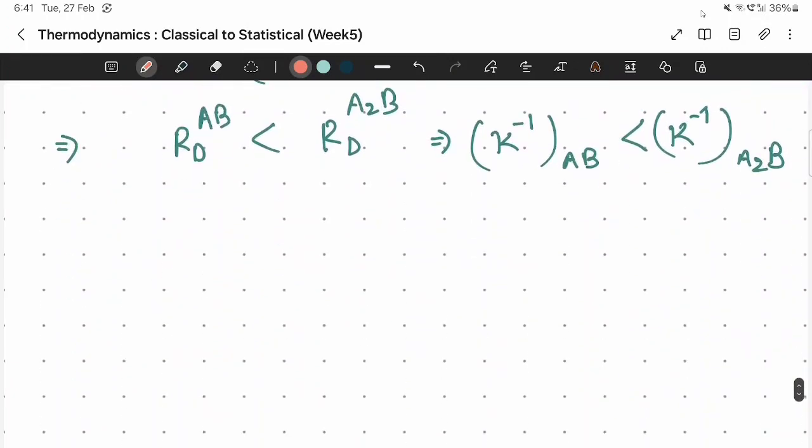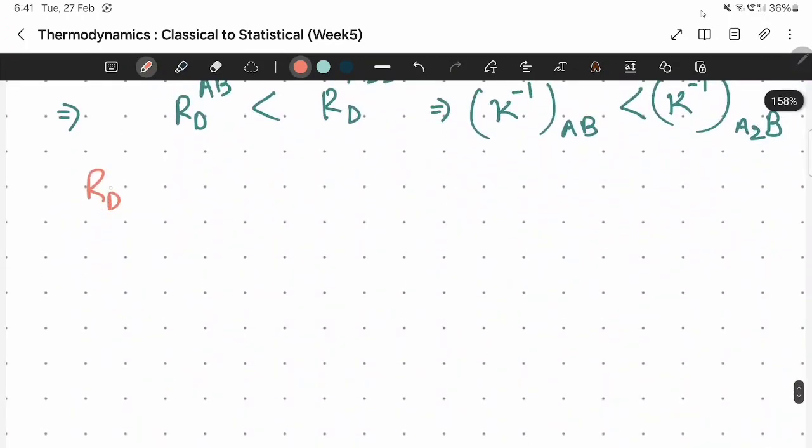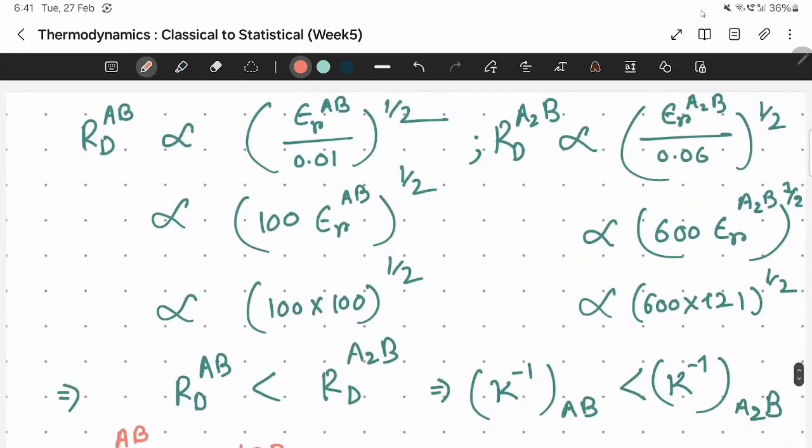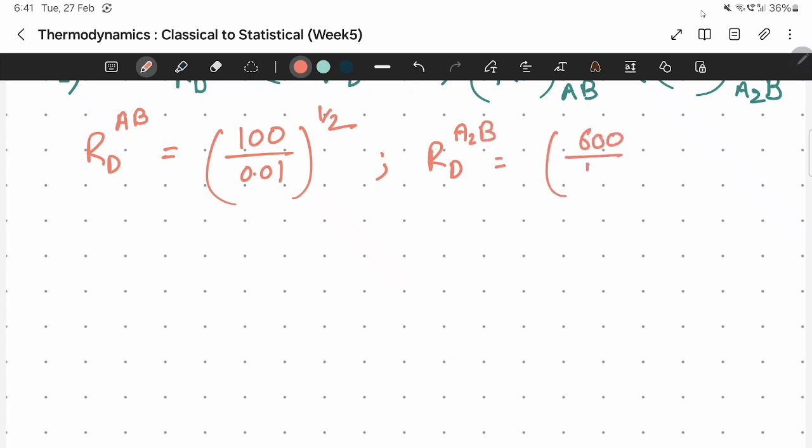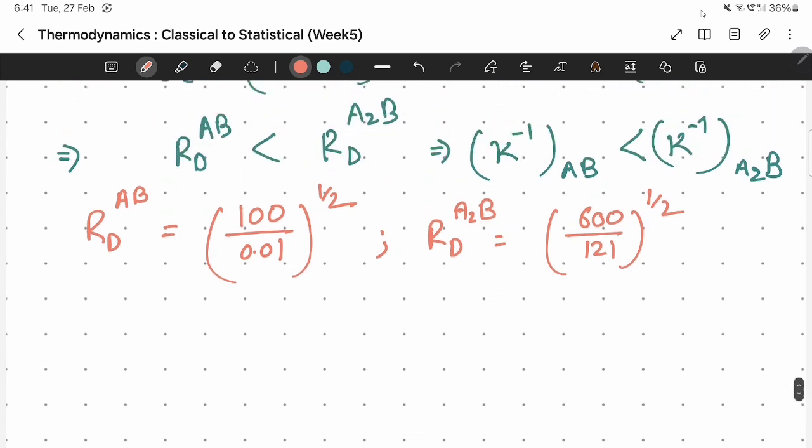Let me check. Wait, let me do it this way. Yes, this is correct. I think 100, 0.1 to the power half. Okay, no, not it is.